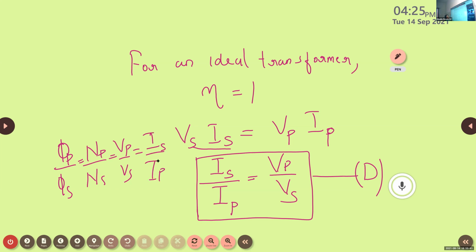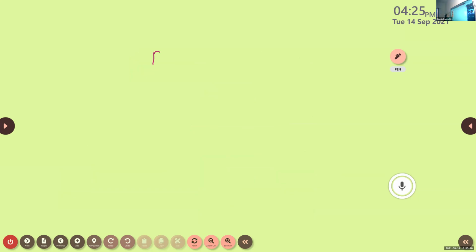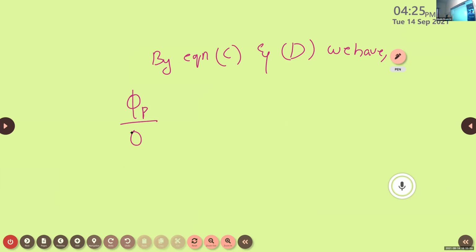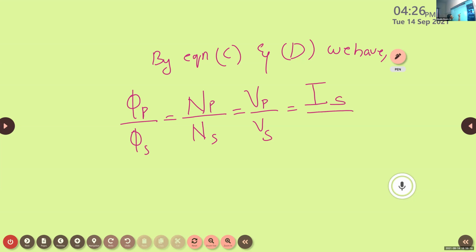Okay. So combining equation C and D, we have phi P by phi S is equal to number of turns in the primary by number of turns in the secondary is equal to potential or voltage EMF in the primary by EMF in the secondary is equal to current in the secondary, not in the primary, Is by Ip.